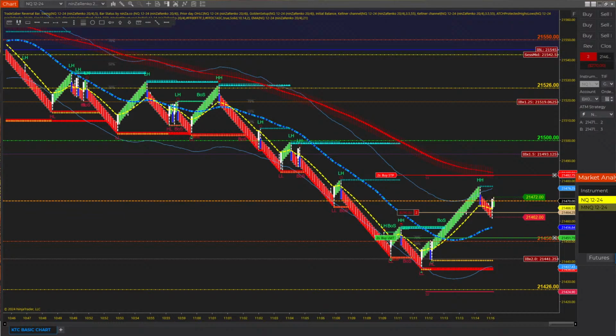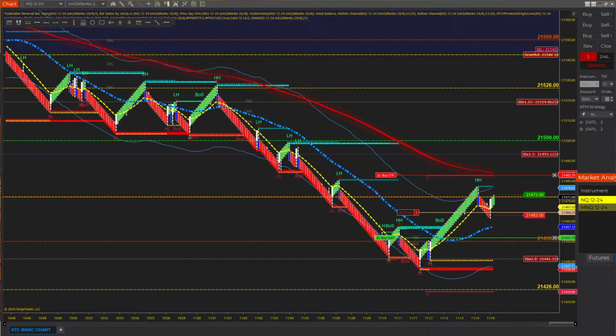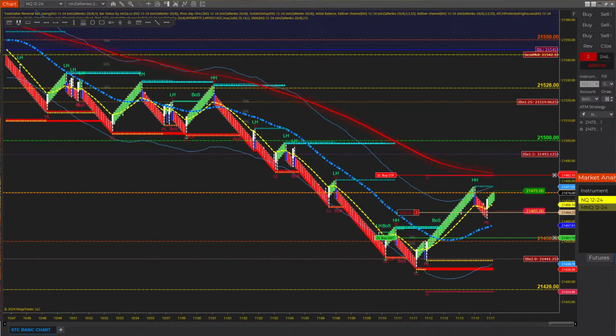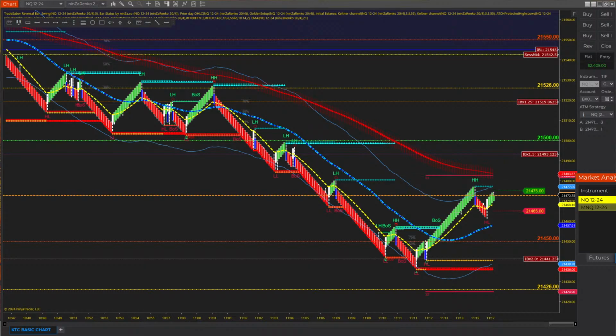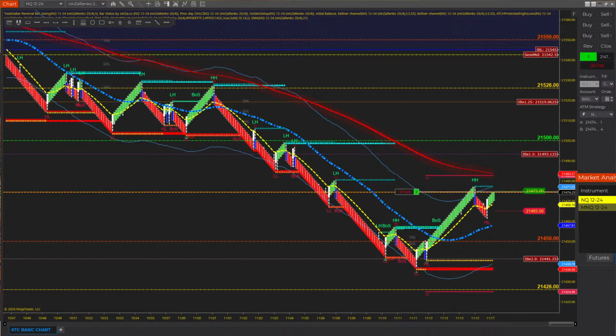Let's see if we can come back down. No. Order filled. Definitely going up. So I'm going to take this. Maybe get another. There's a reversal bar going to the upside. So I'm going to take that. Order filled.